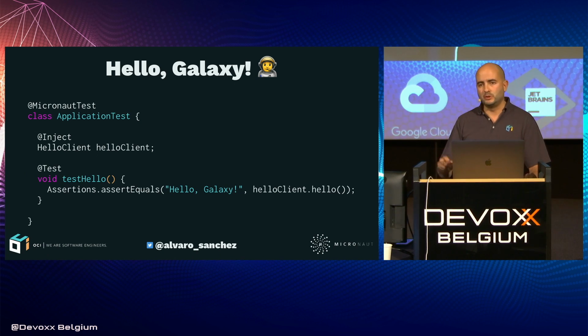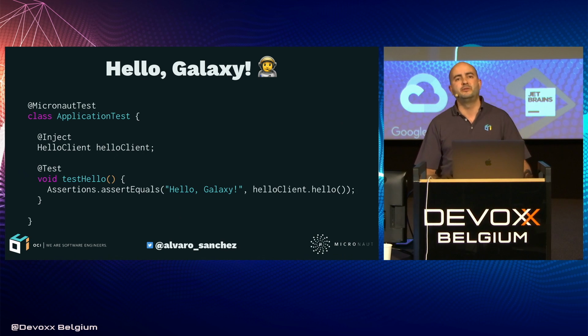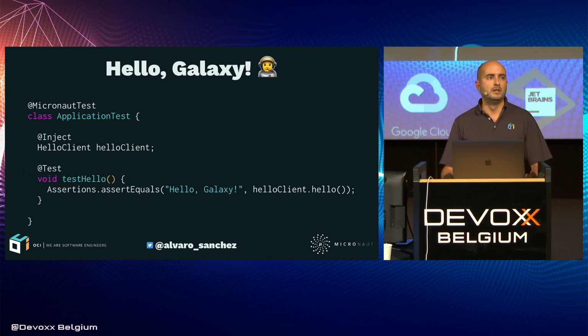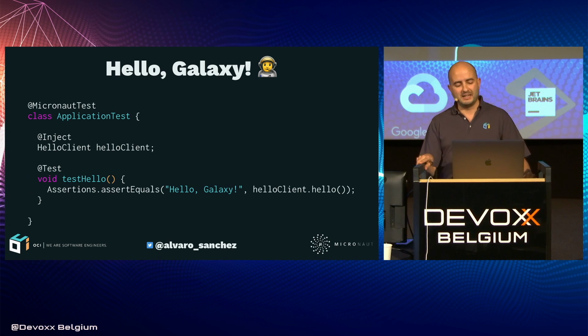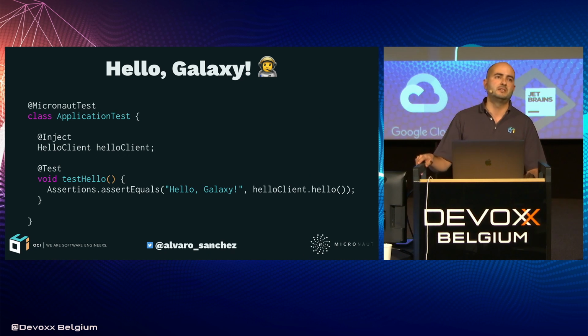You can use plain JUnit 4 if you like. The only thing you need to be aware of is that you need to run the embedded server yourself with a @Before class. But running the embedded server is one line. Getting the bean from the application context is another line.